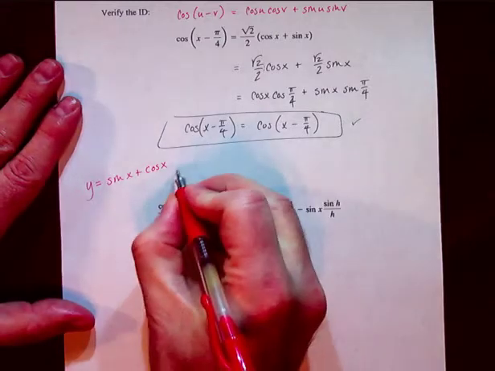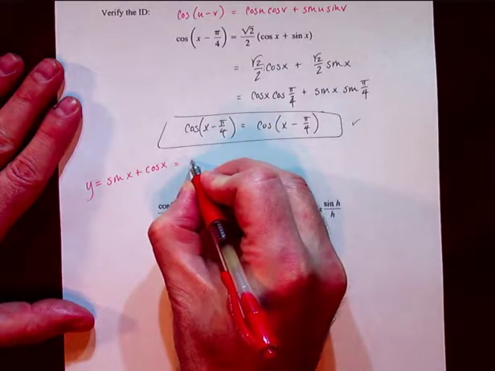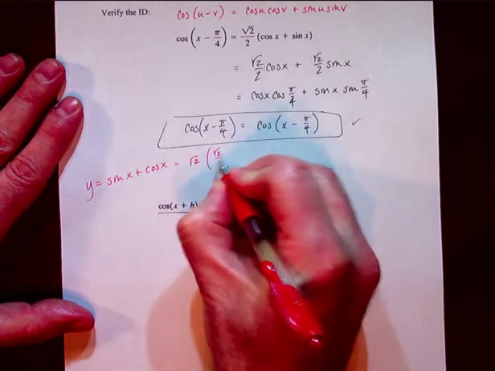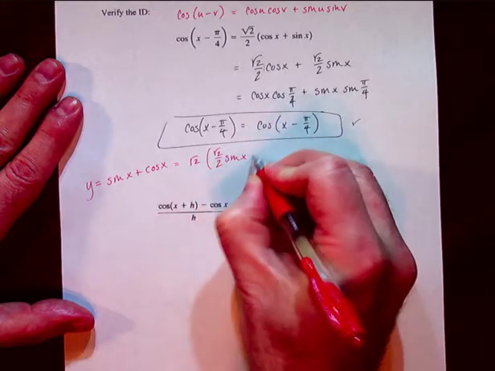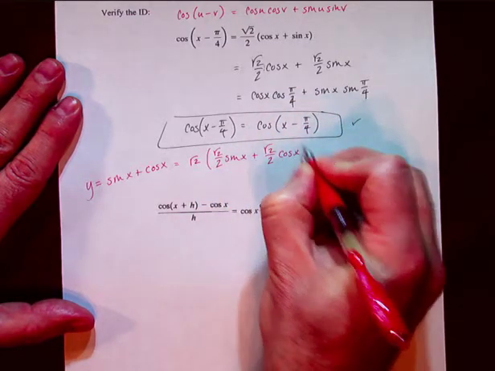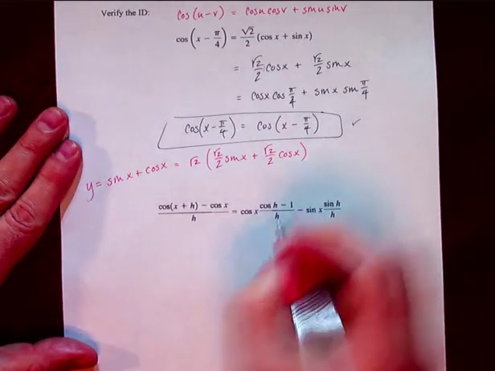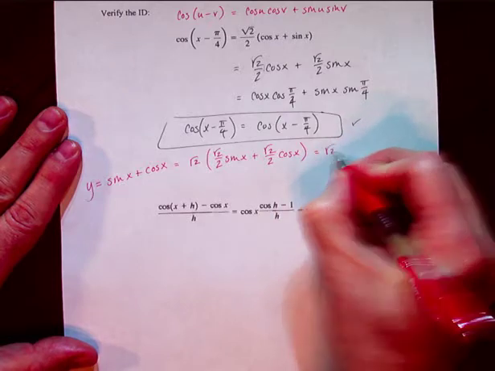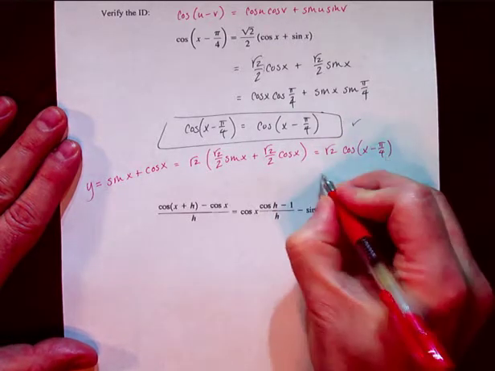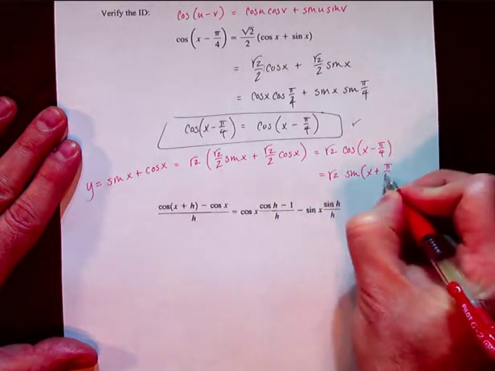And what you had to do was take that and multiply it by root 2 at the same time that you were dividing it by root 2, thereby multiplying by 1, right? And it wound up being either root 2 cosine of x minus pi over 4 or root 2 sine of x plus pi over 4.